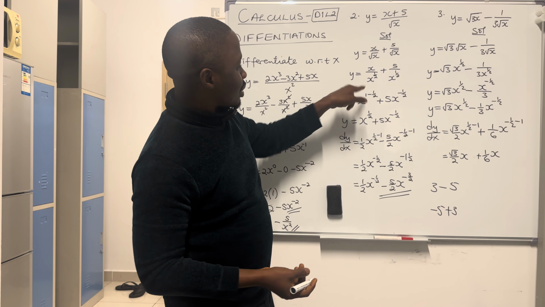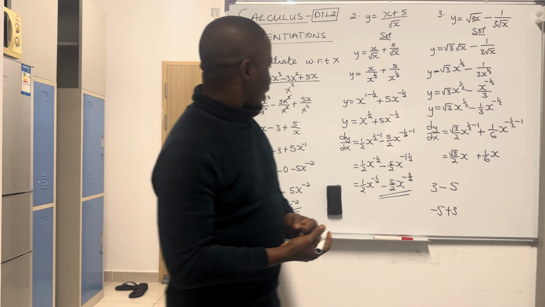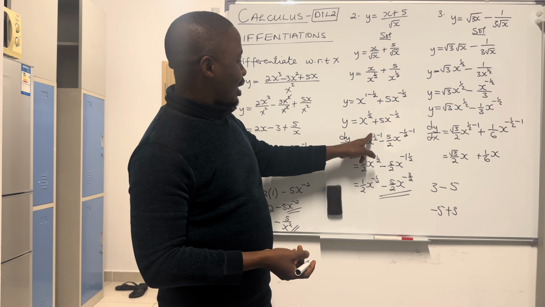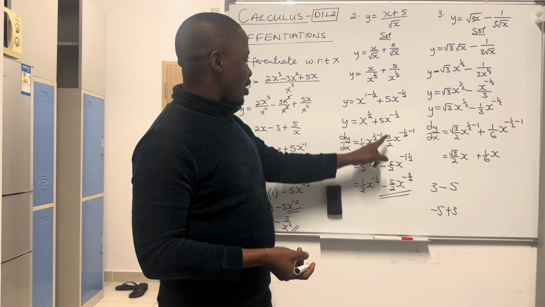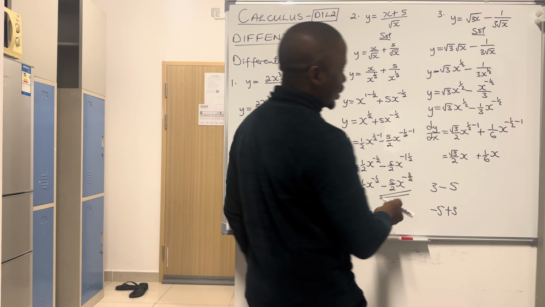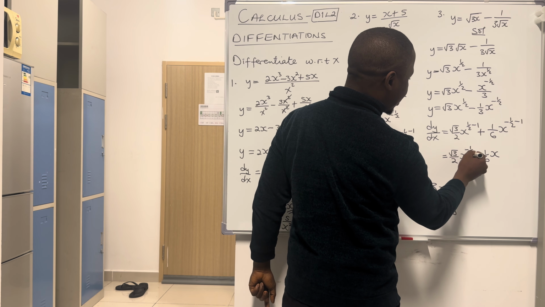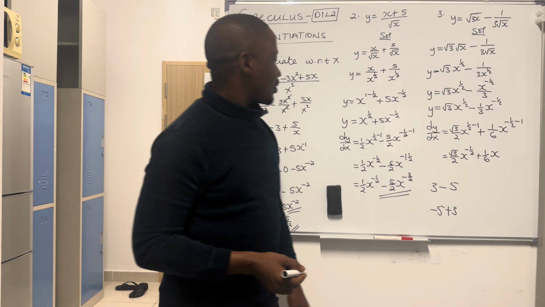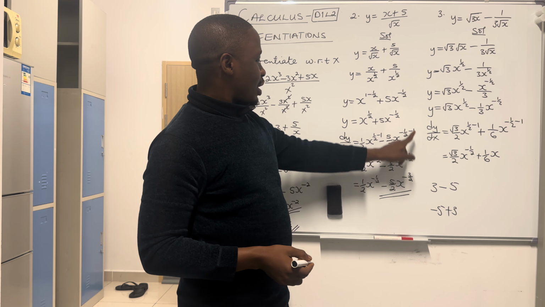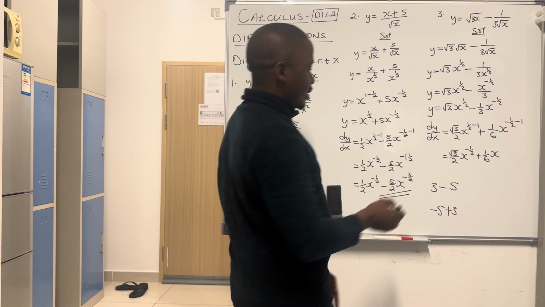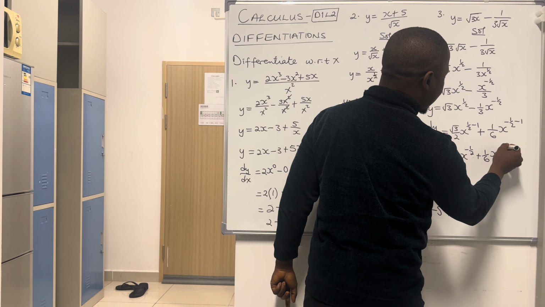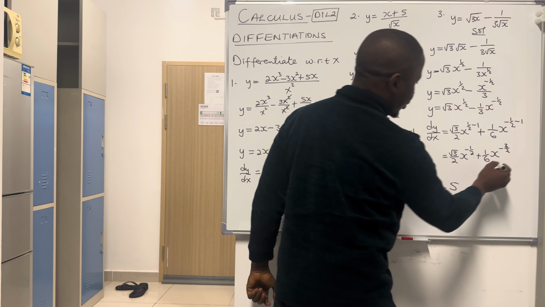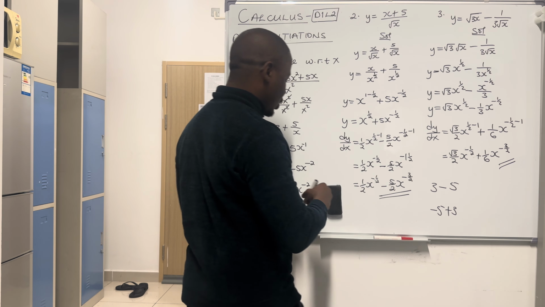Half minus 1 is minus half. So this is minus half. Minus half minus 1 gives us minus 3 over 2. So this is what we have.